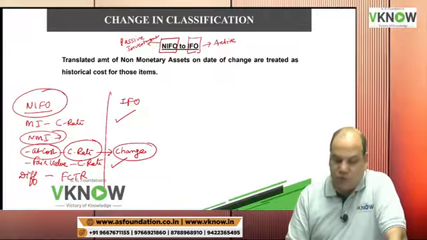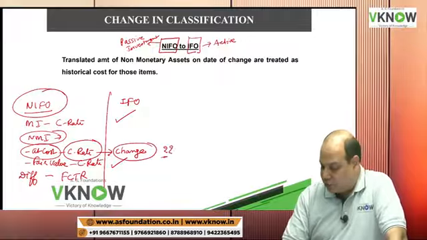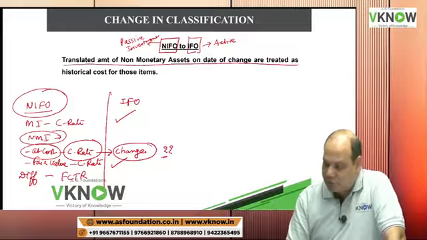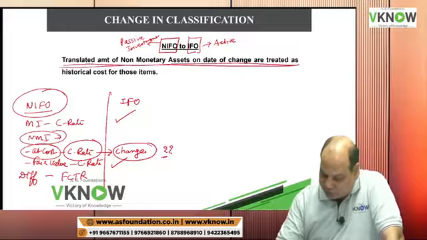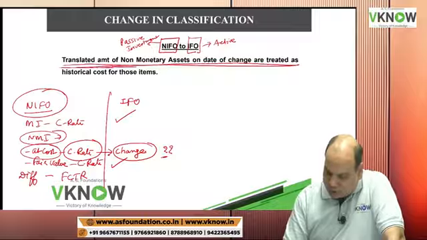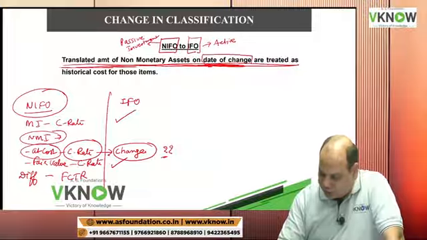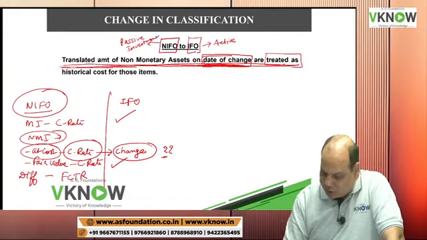Under EFO, what rate will we follow? That is the guidance given here. First, let us read the guidance. The translated amount of non-monetary assets on the date of change, underline on the date of change, is treated as historical cost for those items.